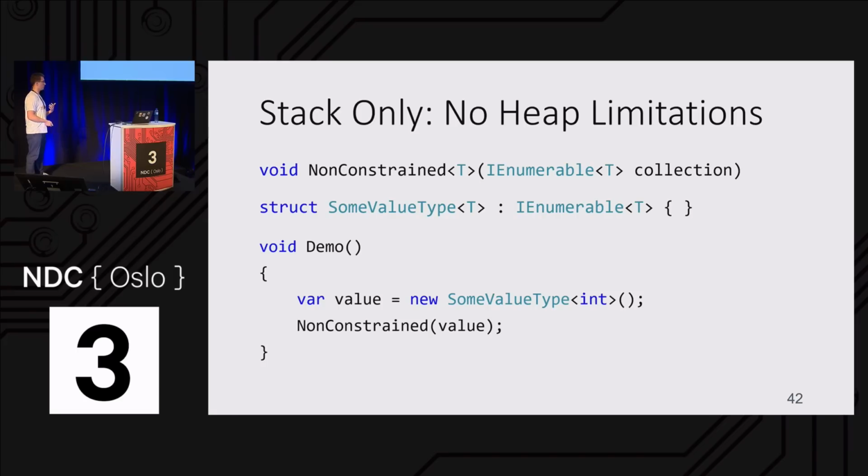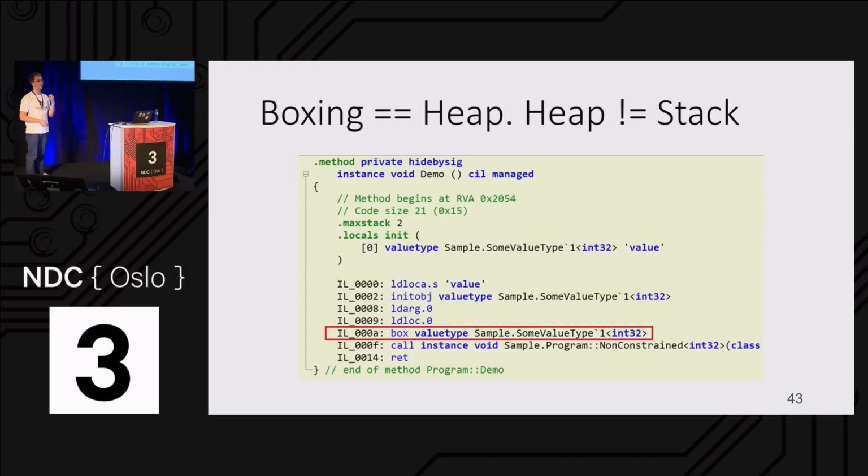So when you want to invoke a virtual method on them, in the non-constrained way, what the compiler does, it emits a boxing instruction, which boxes the value and puts it on the heap and gives it the method table pointer, and now we can use it as the interface. And the problem here is that when we box things, they are being put on the heap, and heap is not stack. So stack-only is preventing us from implementing interfaces in that case.